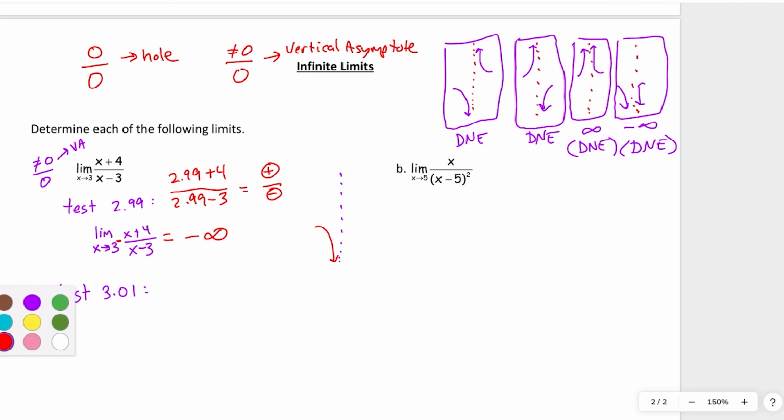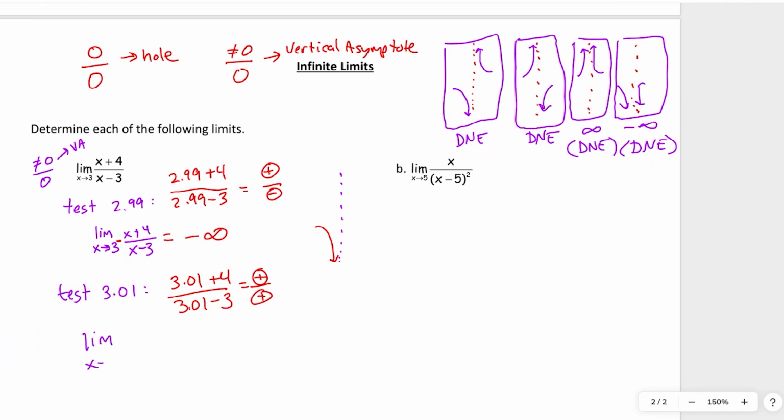So let's go ahead and test that out. 3.01 plus 4 over 3.01 minus 3. That's going to be a positive over a positive, right? So we can say that the limit as x approaches 3 from the right is approaching positive infinity.